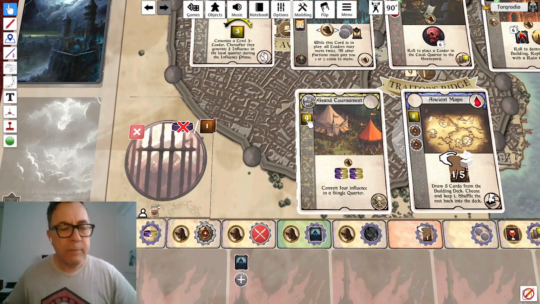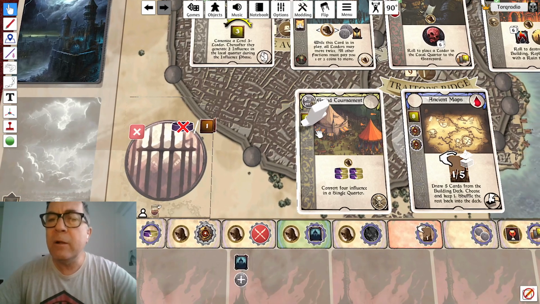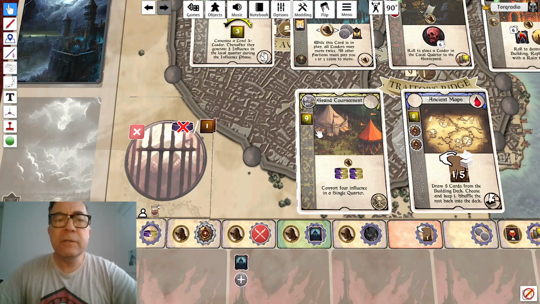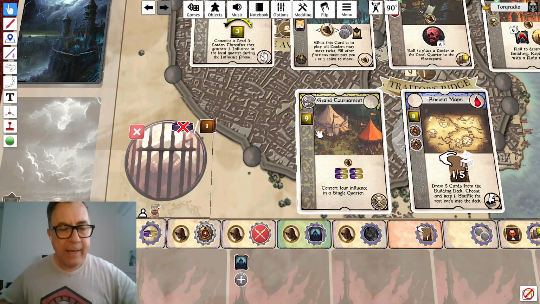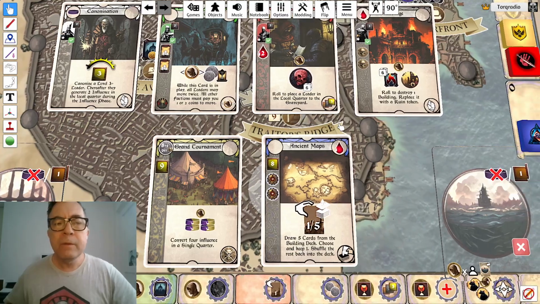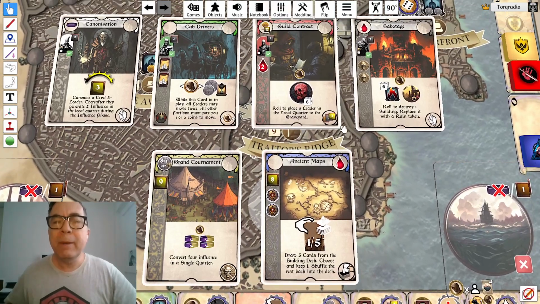Sometimes the requirements will be in the form of a gold square with a number. This refers to the total number of levels of leaders that you have. So you simply count up the total of all the levels of all of your leaders, and it must equal this number before this particular card can be played.